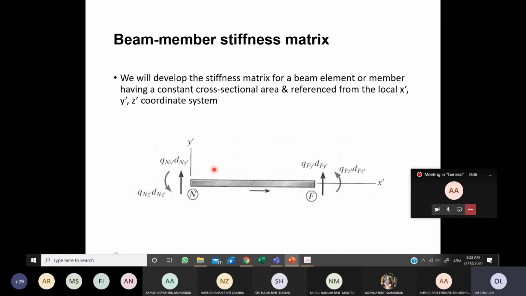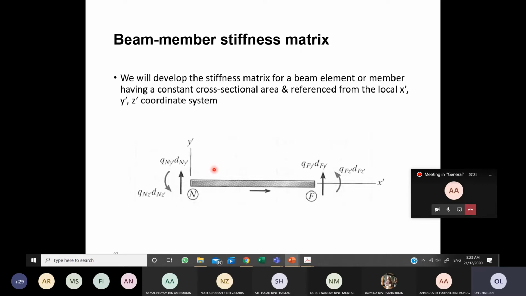In our syllabus, we are more on the application of this member stiffness matrix that has been derived. But you can keep the reference that I have shown you if you are going for advanced level, or you are very interested in what the input in this matrix is about.